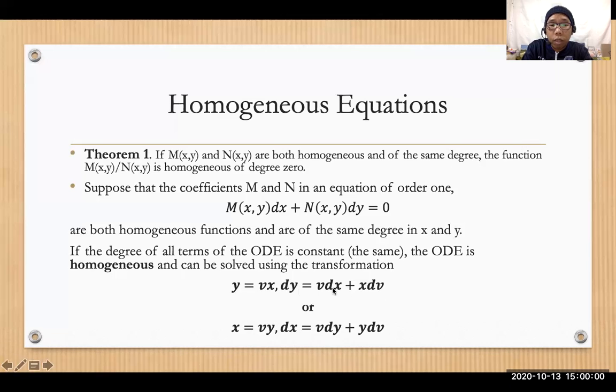So you can use either of these transformations or substitutions, depending on the convenience in your solution. So we are going to have examples applying these transformations. And after we have applied this transformation, our equation will lead us to a separable DE.